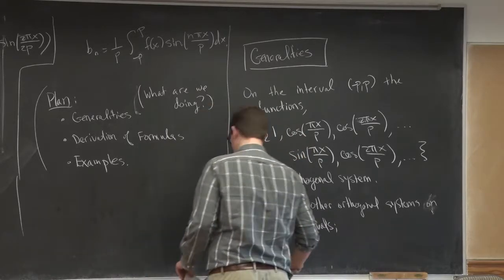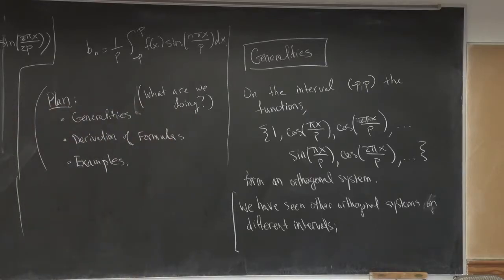Namely, we have two examples that we've talked about. On the interval 0, 1, the first system that we saw, which came from the vibrating string problem, was this: sine n pi x over 2, or sine n pi x, like this, right?